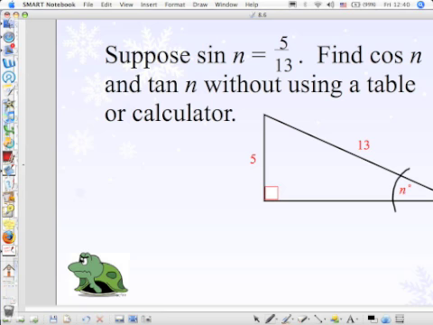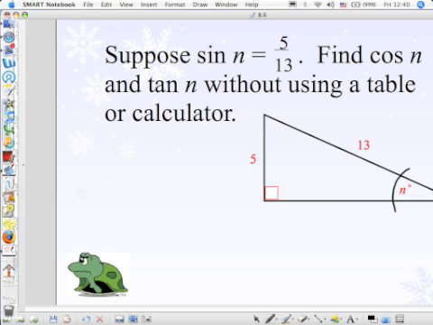It says find the cosine of n. What do you need to be able to find the cosine? The adjacent, and we don't have it. So you use the Pythagorean theorem to find the missing side of the right triangle.